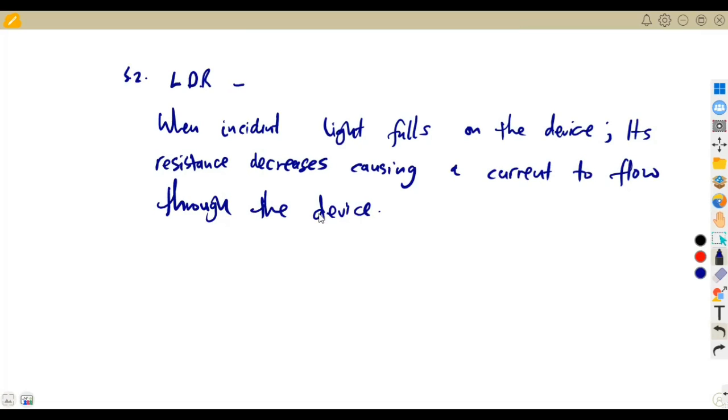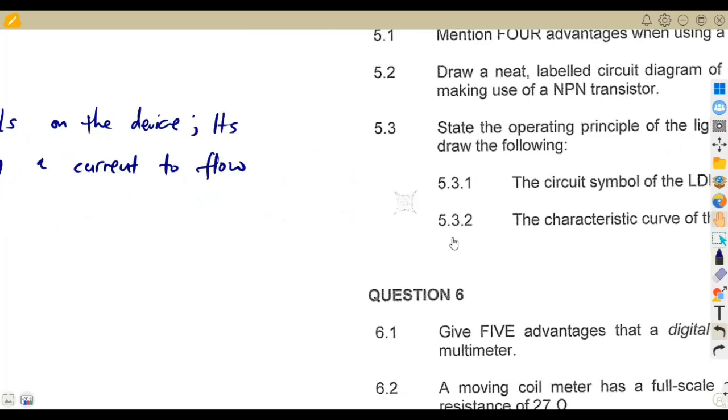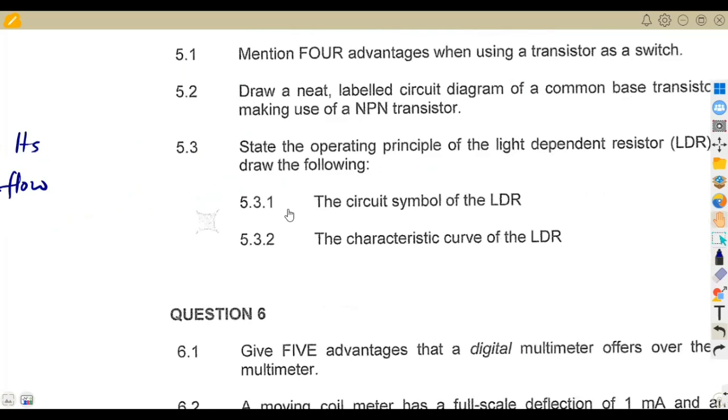That was our question. We just need the principle of operation. What is happening when light is applied to the device, which is our LDR? Its resistance will decrease, causing a current to flow through the LDR. Then the other question on 5.31 was to give the circuit symbol, and 5.32 the characteristic curve.